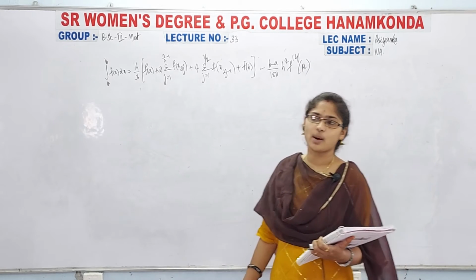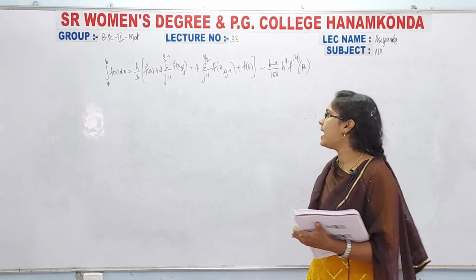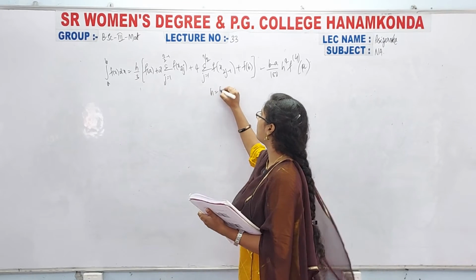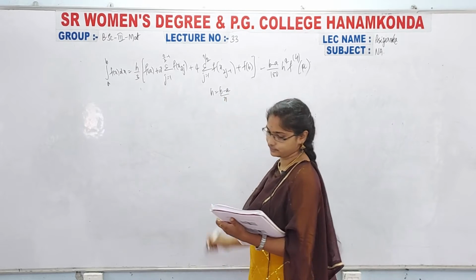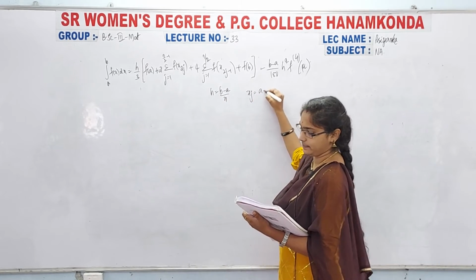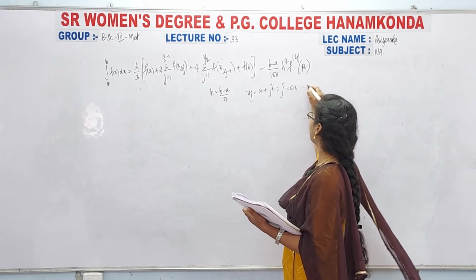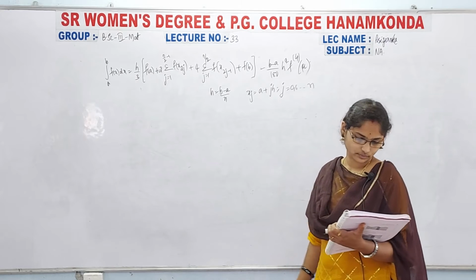This is nothing but the composite Simpson's rule, where h equal to b minus a by n, xj equal to a plus jh, where j is equal to 0, 1 and so on up to n.